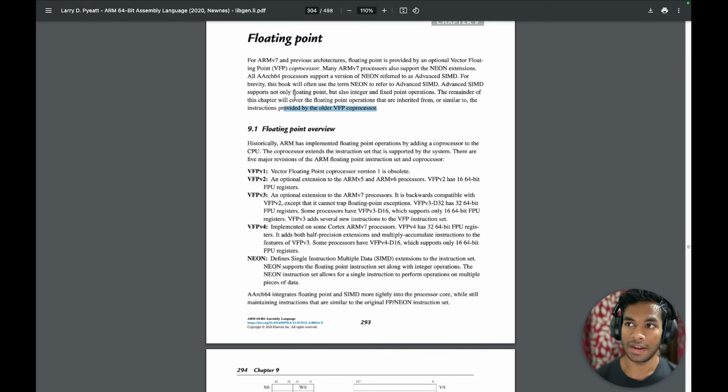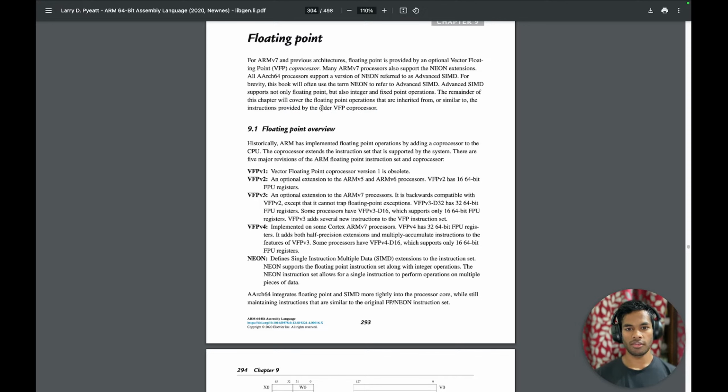That is, I can add four pairs of numbers at the same time. And for that, I have different instructions and different processors and different registers to do that.